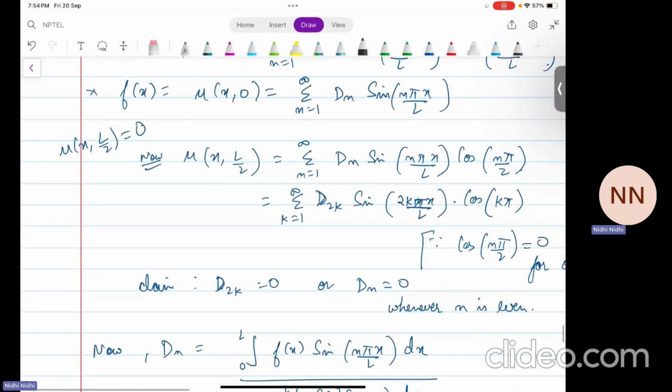We need to show that u at L by 2 comma t is 0. At any time t, we need to show that the movement at point L by 2 is 0. So from here we need to change all this. We need to prove that.